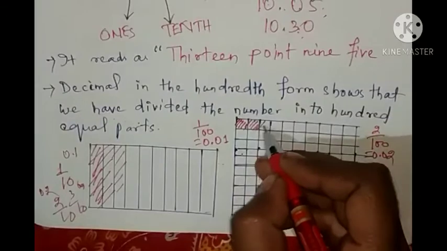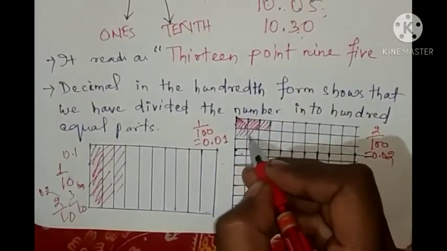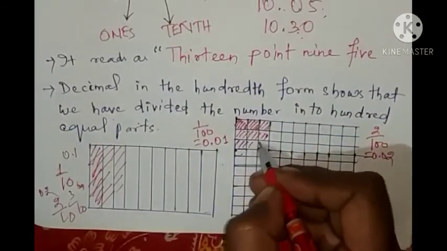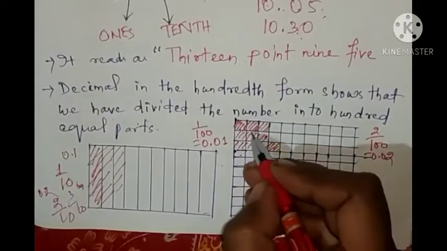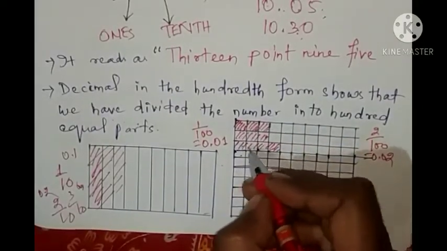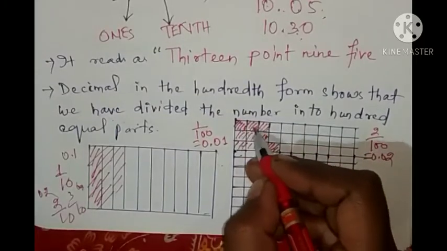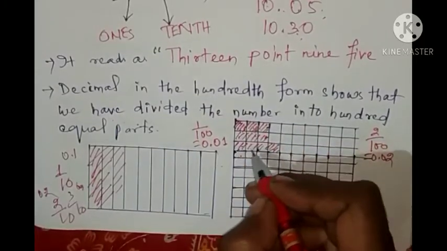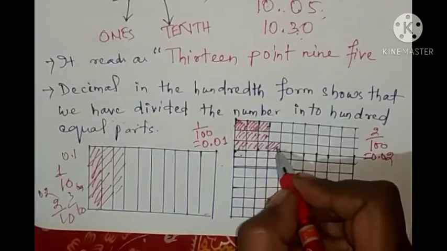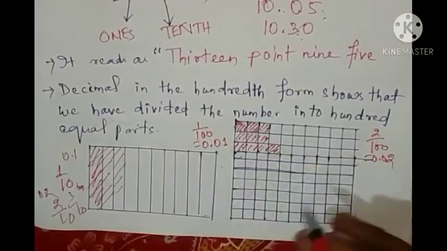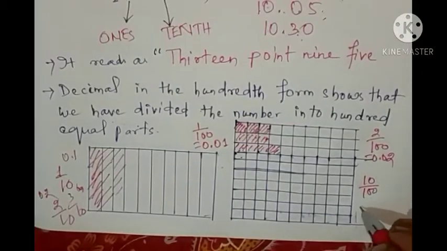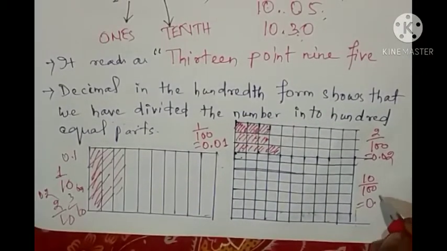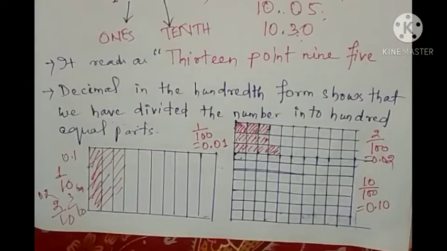If I take this many, count it: 1, 2, 3, 4, 5, 6, 7, 8, 9, 10. So 10 by 100. What will you write? 0.10. So 10 by 100 is 0.10.